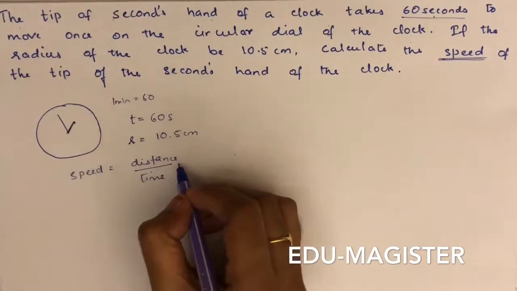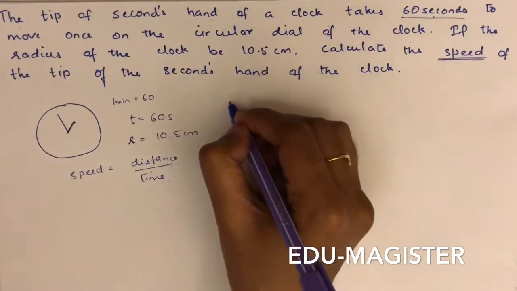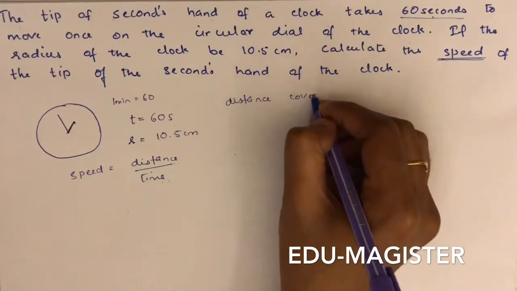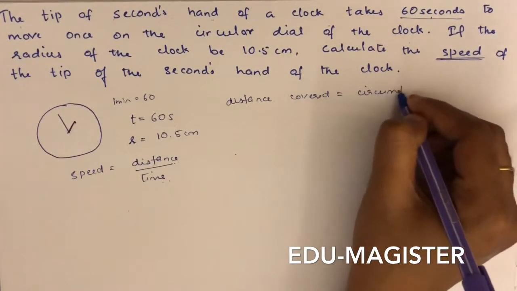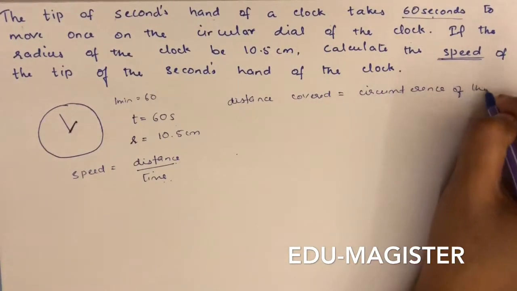In that case, we can take distance covered by the seconds hand as circumference of the circle. Distance covered is equal to circumference of the clock.